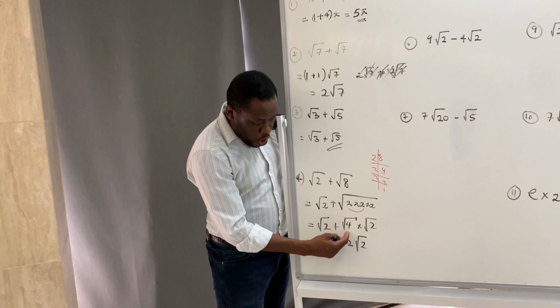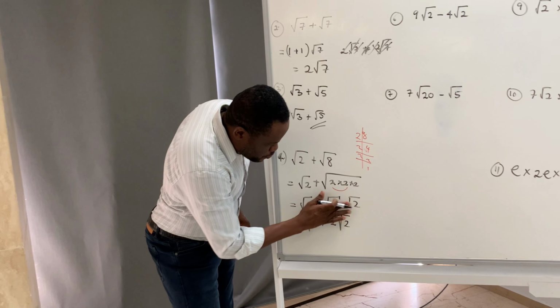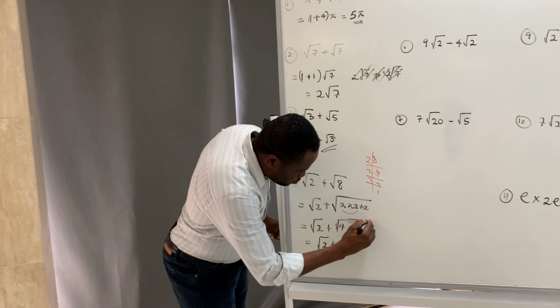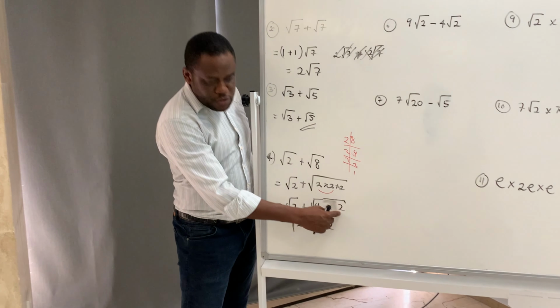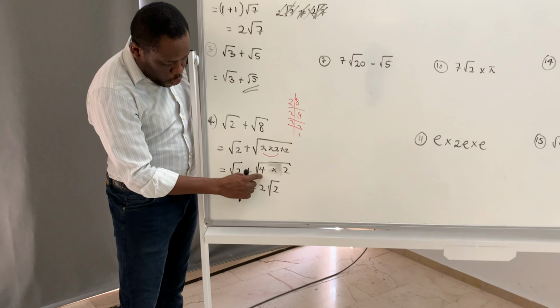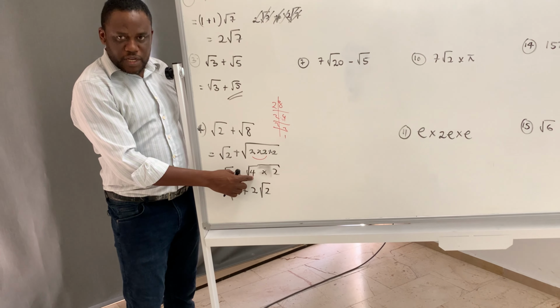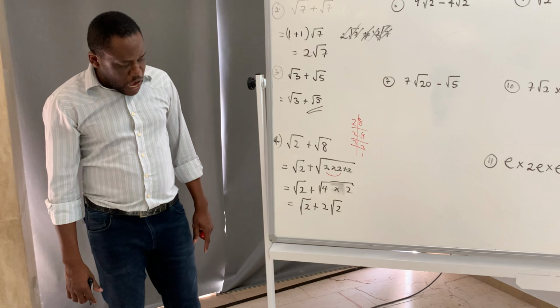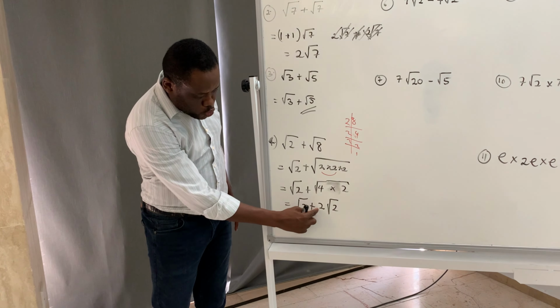If you want, maybe it's a little confusing, let me put this in one root. 2 times 2 is 4, times 2. Root of 4 is 2. So it's out. This one has no square root again. 2 times root 2. Are we together? Now it's easy for me to operate: this is 1 root 2 plus 2 root 2.